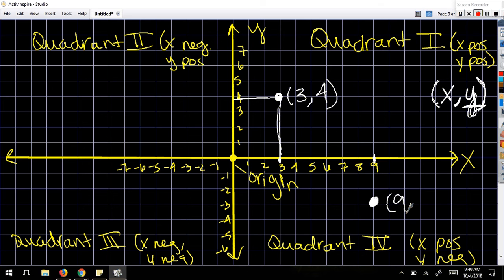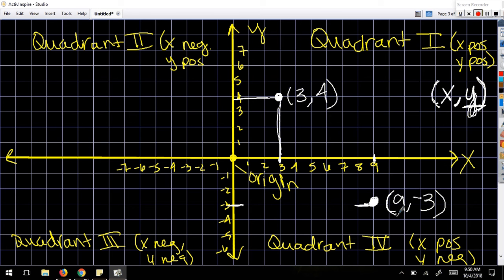Essentially I'd probably do a 10 by 10, but I just didn't have room. The x is 9. The y that goes with it is -3.